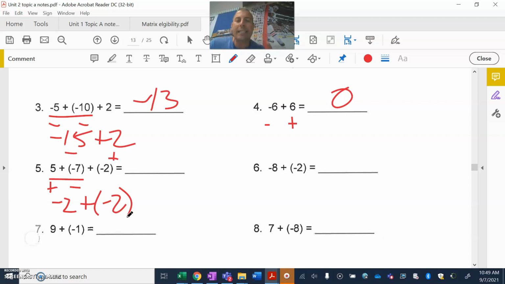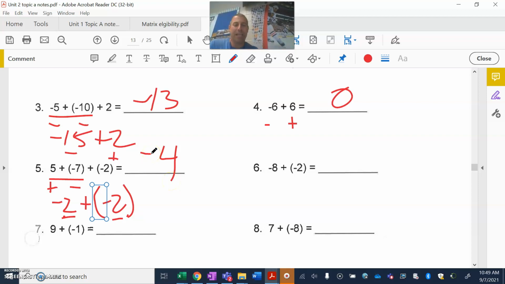What we don't like in math is to have 2 symbols right up against each other. If I take away the parentheses, do you see how the plus sign and the negative sign are right up against each other? We don't like that in math. So we also bring parentheses out as a way of separating things. So they are both negatives. Because they're the same sign, I'm going to add. 2 plus 2 is 4. And I got to keep the sign. So it's a negative 4.